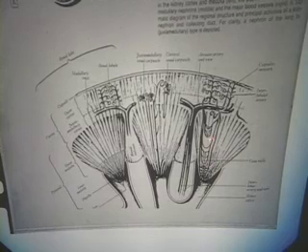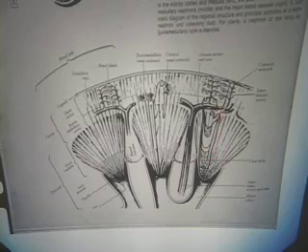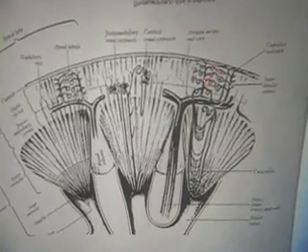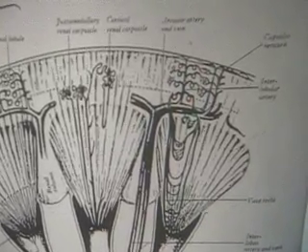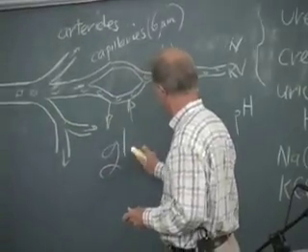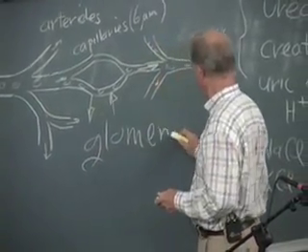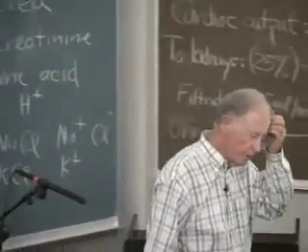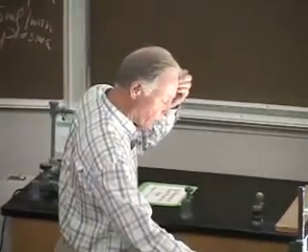The blood comes in, here are the capillaries coming up, and you'll see it looks like grapes growing on a stalk. It looks like these little grapes. These are filtering units. They're called glomeruli, G-L-O-M-E-R-U-L-I, or a single one is a glomerulus. And you have millions of these. They're all the same size.